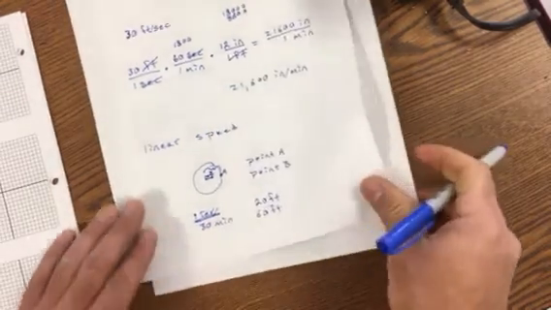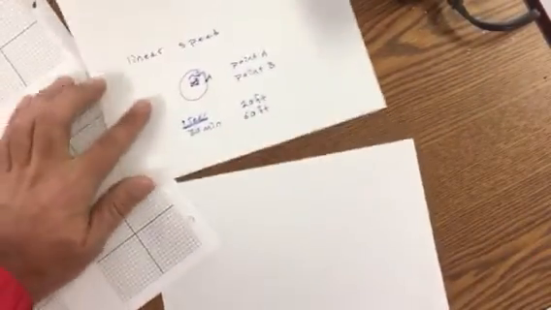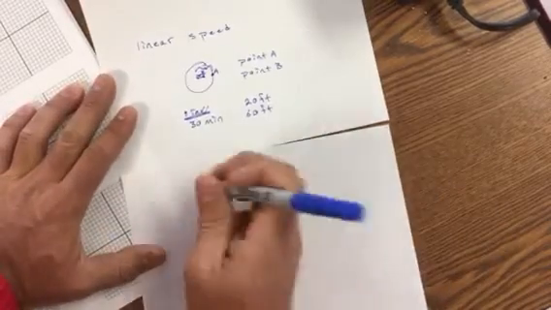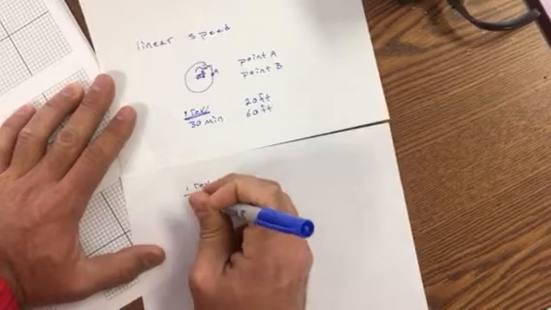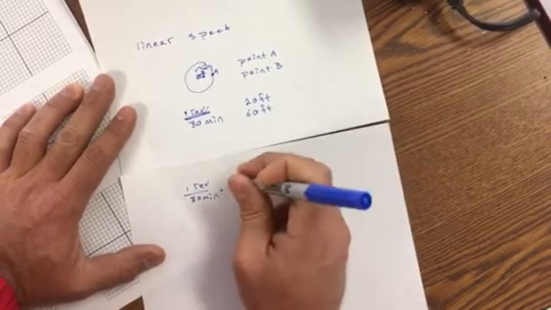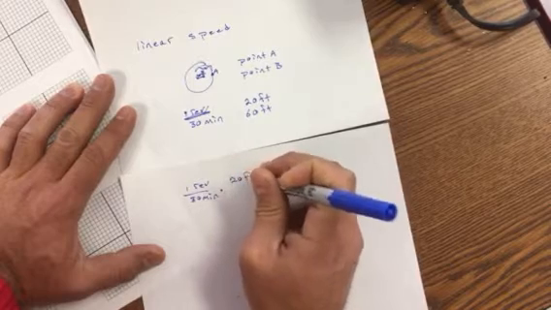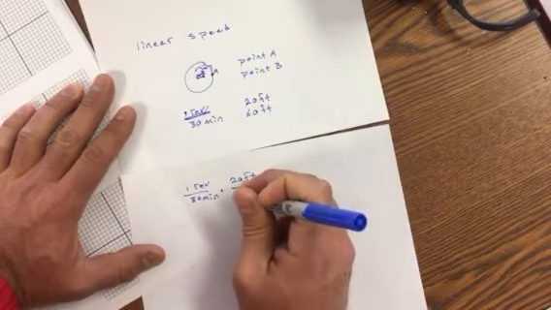The linear speed, we're going to go 1 revolution over 30 minutes times 20 feet per 1 revolution.